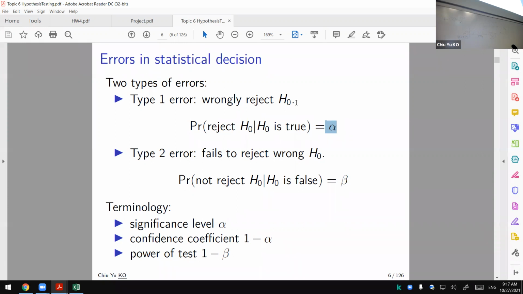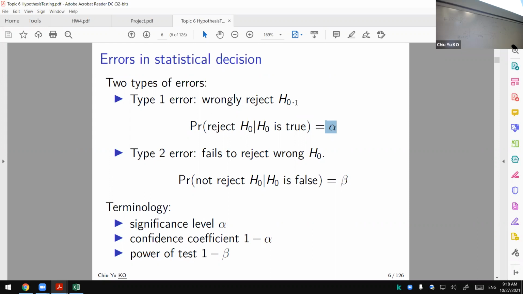Even if it's not 5 kg, even if it's 4 kg or 6 kg, you don't reject because you push it so far away that you're never able to reject things. So that's why the type 1 error and type 2 error are a trade-off. There's no free lunch. If you want a lower alpha, you must have a higher beta. If you want a lower beta, you must have a higher alpha.